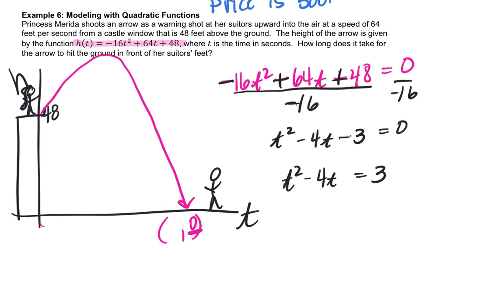All right, I said square root method. All right, so t squared minus 4t plus a placeholder equals 3 plus a placeholder. So let's do completing the square instead.